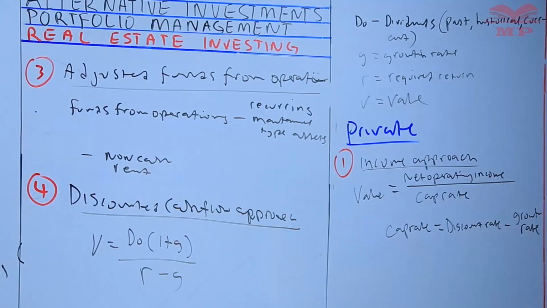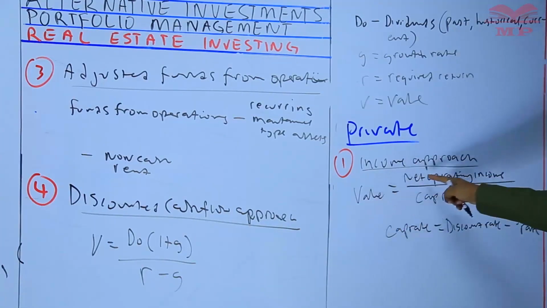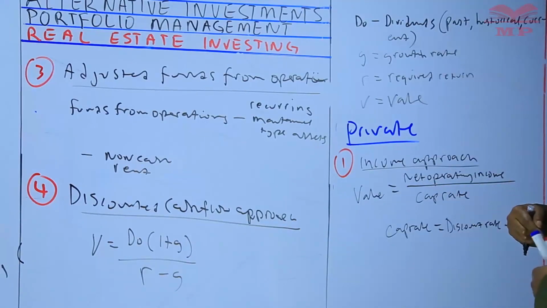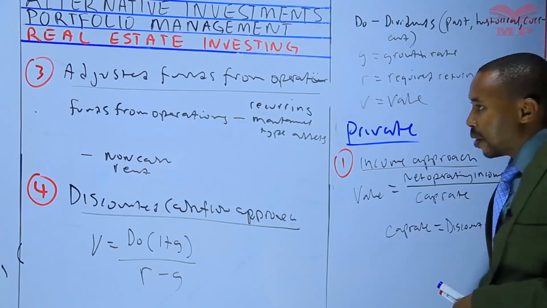So this is the income approach. The value of the real estate is based on net operating income, how much income is coming from the building or to the investor. You divide by an appropriate cap rate.